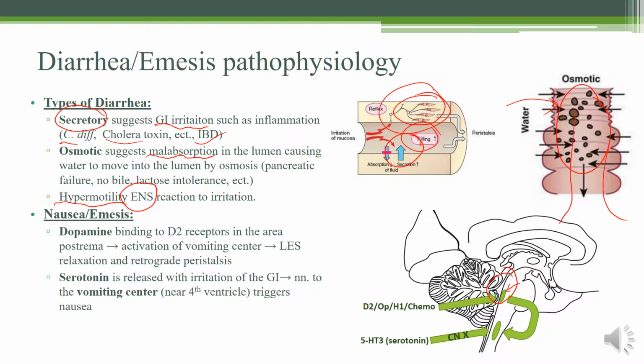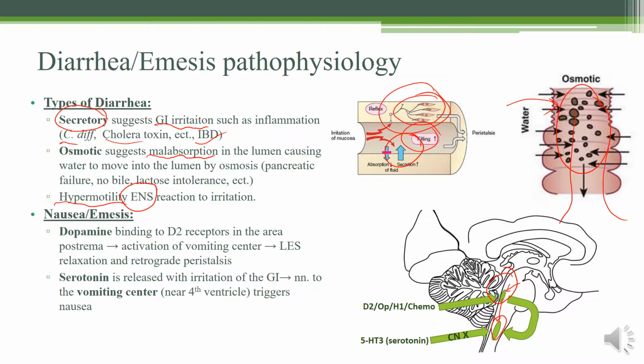This area postrema is very well connected with the vomiting center, which is a part of your medulla. It's actually a very primitive part. One of the first things that an organism needs to know is that if something is going to kill it, or if it's eaten something poisonous, it needs to be able to throw it up quickly.